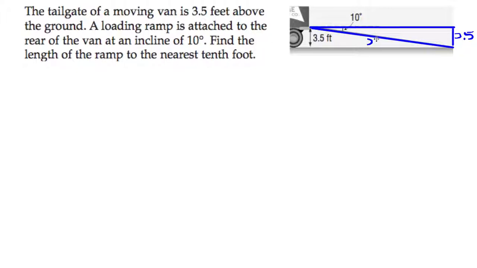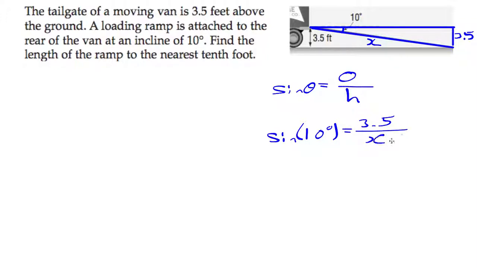If this is my reference angle, I have the opposite side, so this is the sine. Sine of theta is opposite over hypotenuse. So the sine of 10 degrees is equal to the opposite side, which is 3.5, over x.